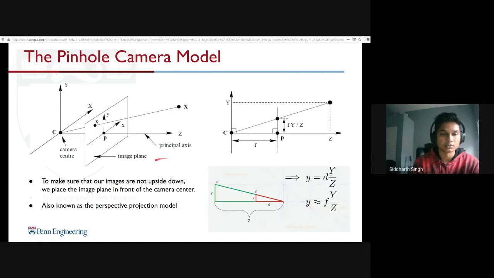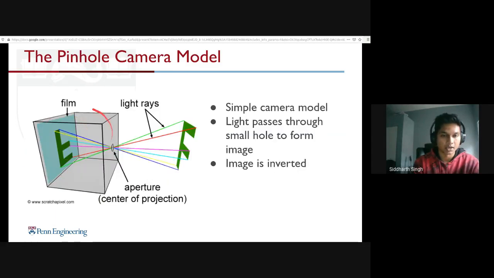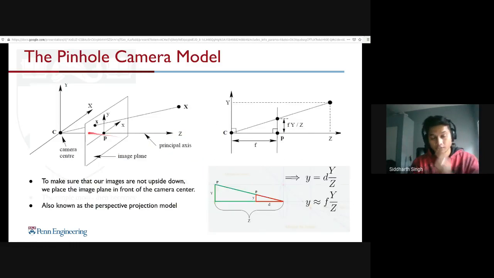So what we do is place the image plane in front of the camera center instead of behind it. In a simple ideal pinhole camera model, there is this hole, the image plane is behind it, and the object is in front of it. If we place the image plane in front of the camera center, we get an upright image. There's no inversion.